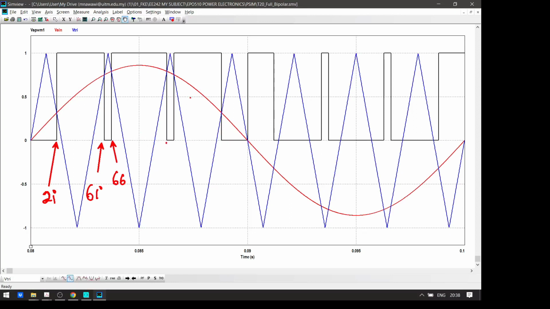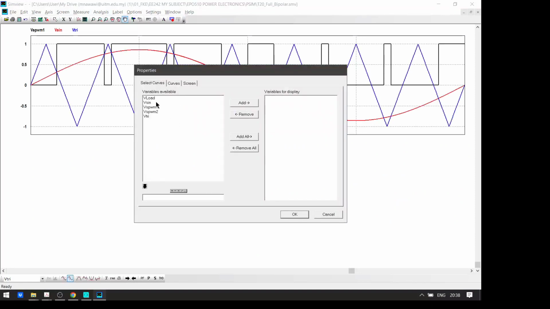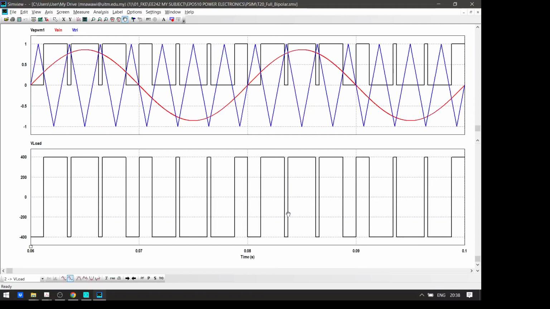Now let's look at the output voltage. This is only the control signals to the switch. Then let's look at the output voltage measure. Add screen. So there is the output voltage.